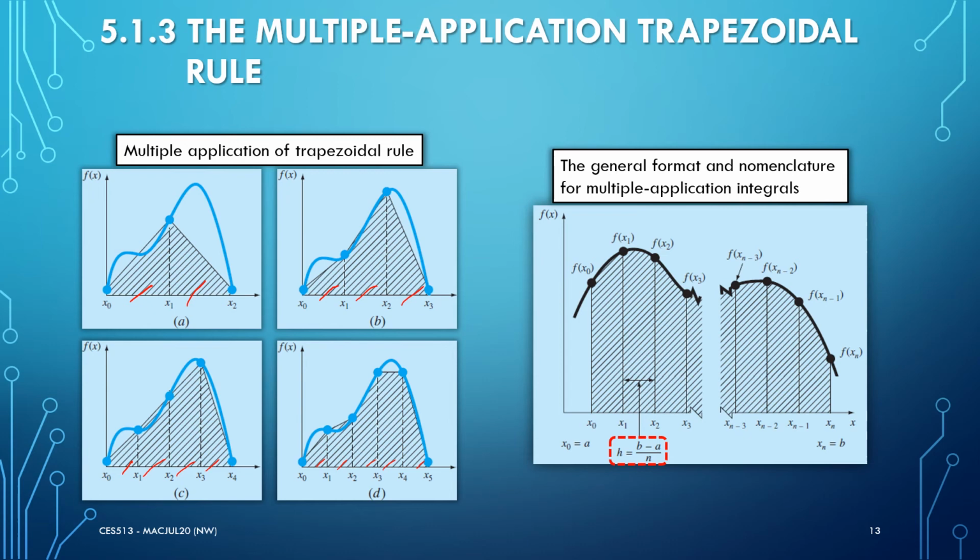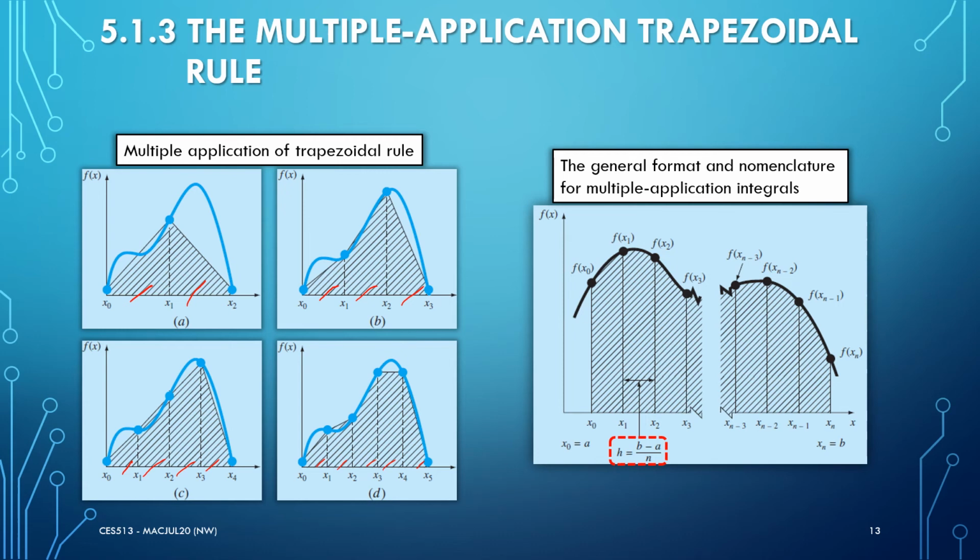So the areas of individual segments can be added to yield the integral for the entire interval from a to b, and the resulting equations are called multiple applications of the trapezoidal rule.